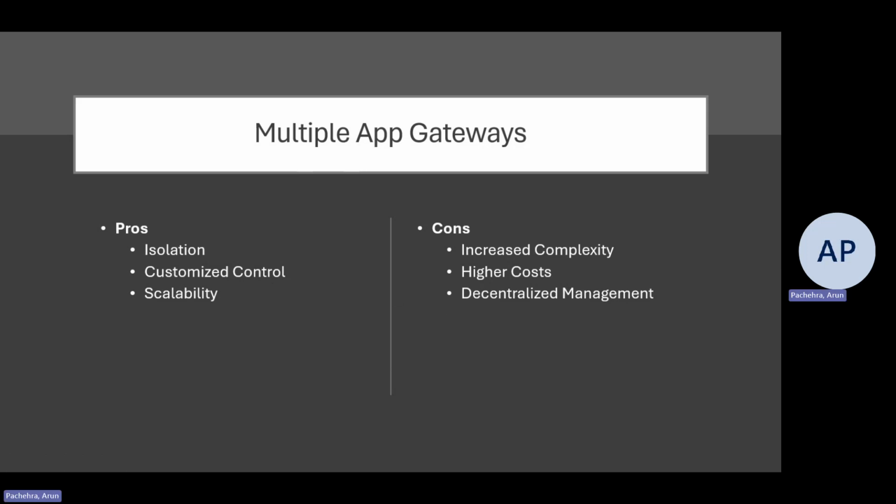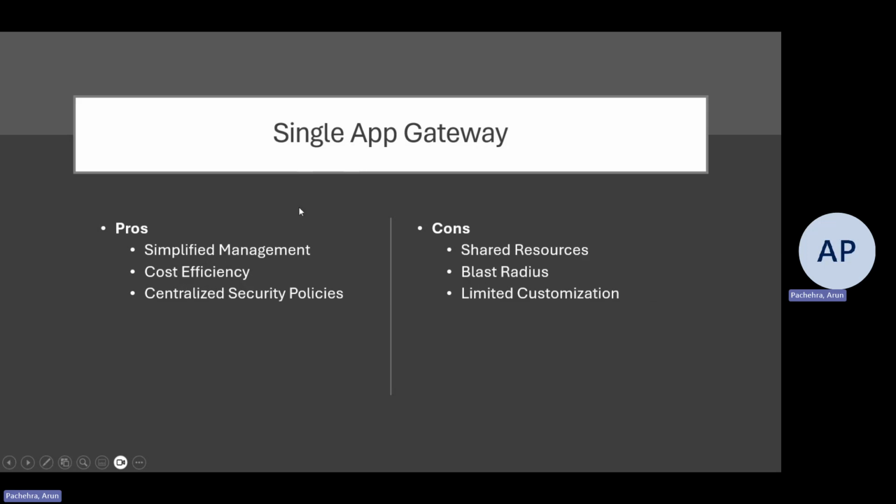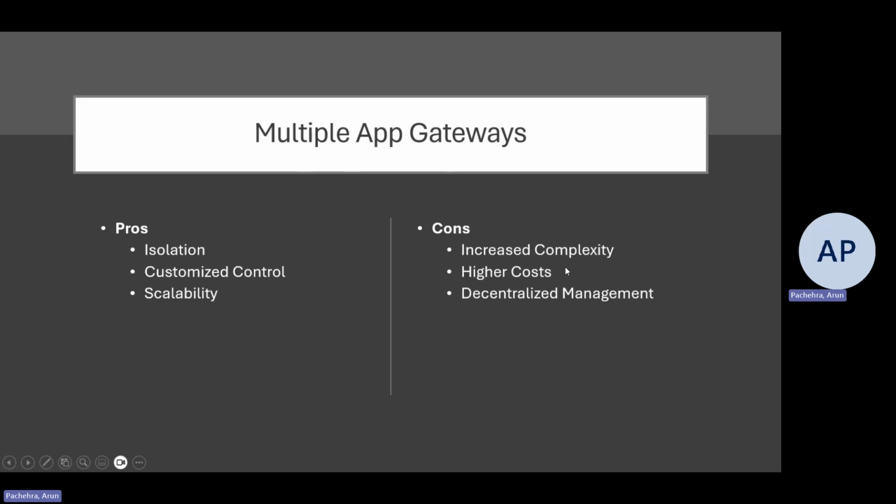So again, this is the same thing. You're getting something, but you have to compromise on something. All right, so we understand the benefit and the disadvantage of single app gateway and multiple app gateway, which is not a huge deal, but we need to understand it. Now, accordingly, we have to decide, do we need a single app gateway or multiple?